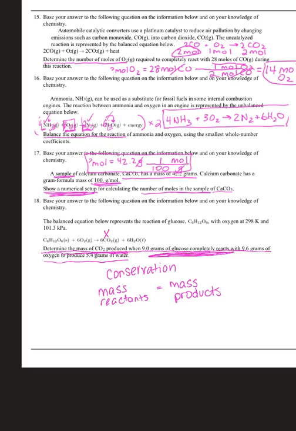If glucose reacts, that means it has to be a reactant. So glucose is over here, it's a reactant, and I have 9 grams of it. And it reacts to produce, so my products will be 5.4 grams of water. X is what I'm looking for. 9.6 grams of oxygen is here.